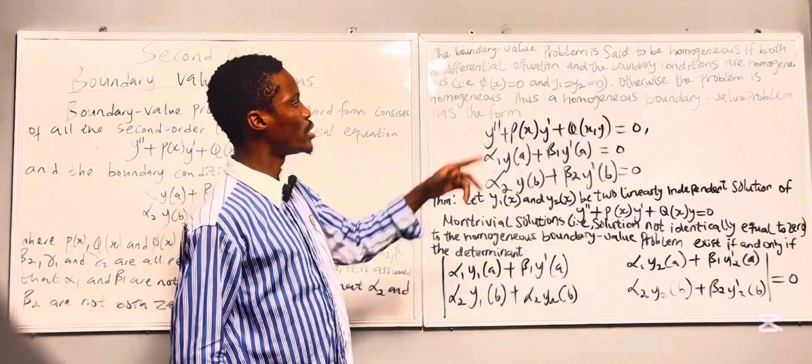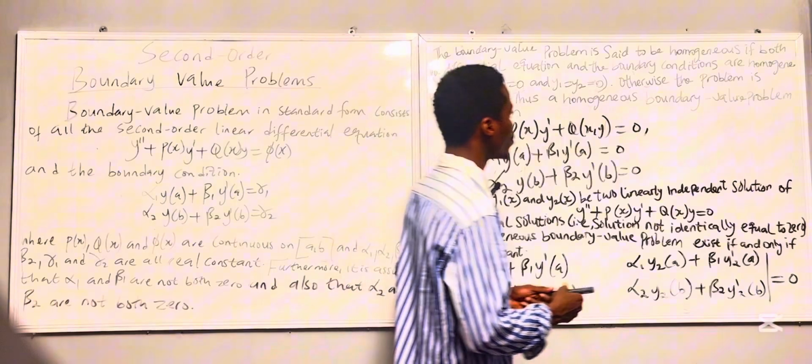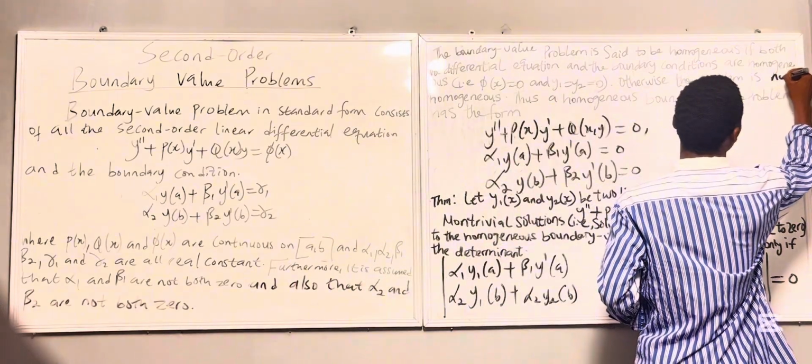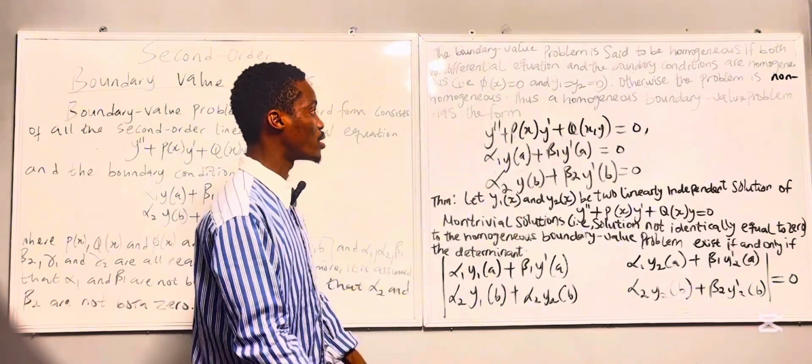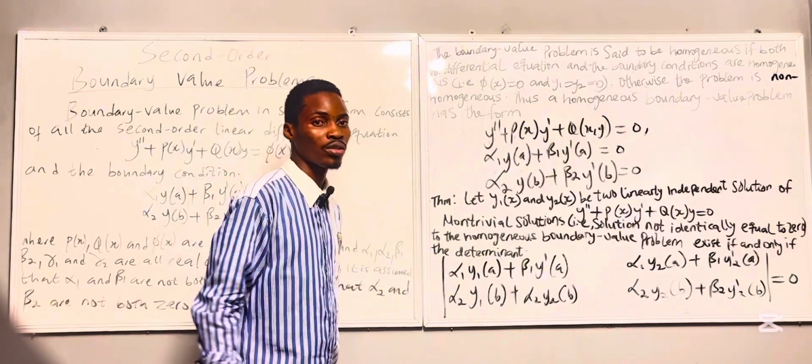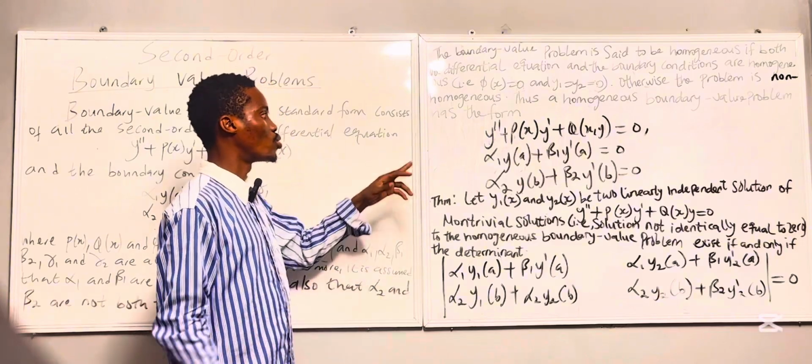Otherwise, the problem is non-homogeneous. That means if phi of x is not equal to 0 and gamma 1, gamma 2 are not 0, it is non-homogeneous.